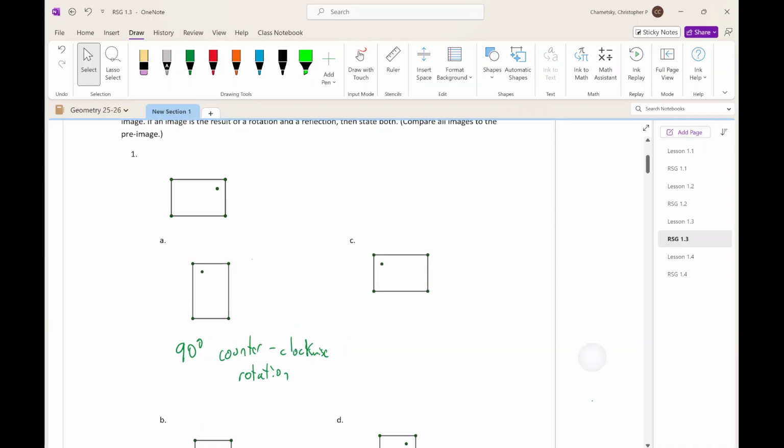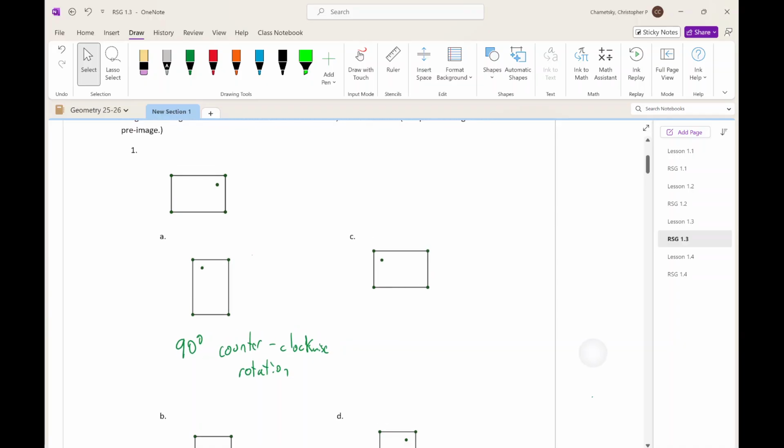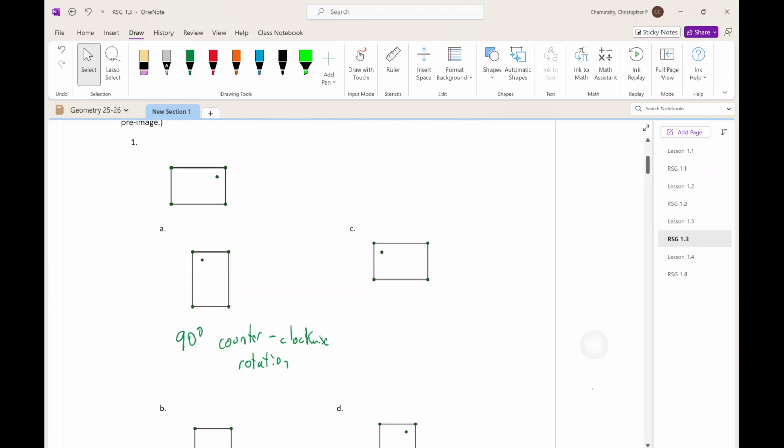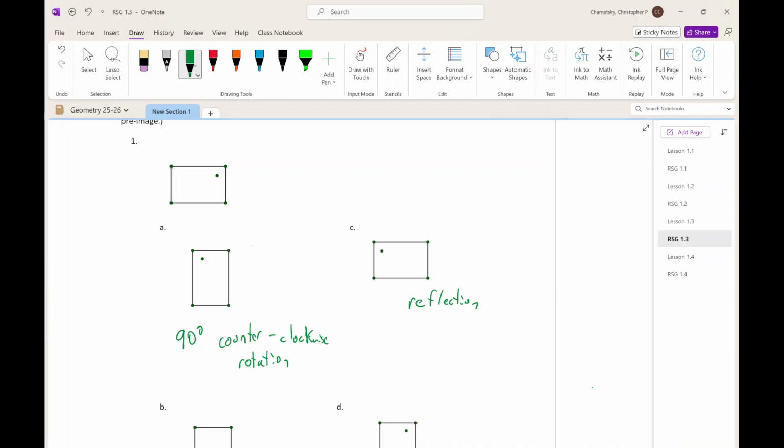For C, this is going to be a reflection, and we could even specify it would be a reflection over a vertical line.